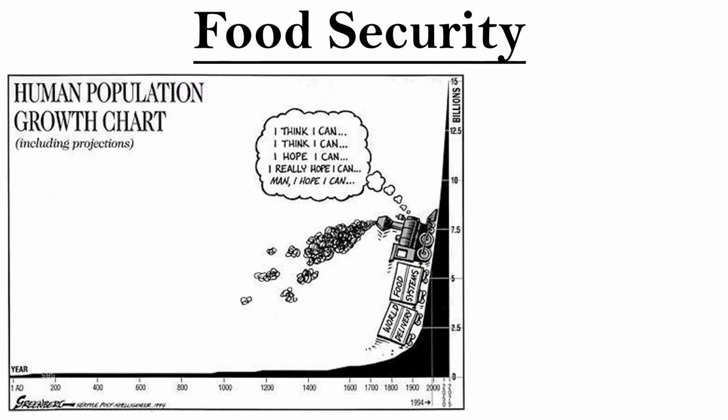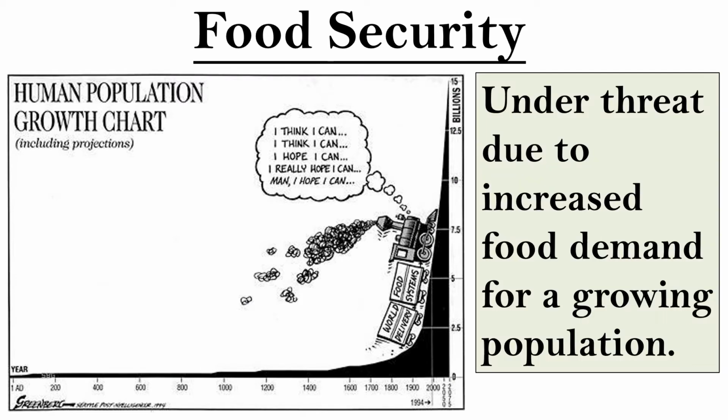And as you can imagine, food security is under threat for various reasons, and climate change of course comes into the mix here. If you look at a graph of human population growth over the last 2,000 years, you can see that since the Industrial Revolution, when numbers started to increase and people have lived longer, there's a growing population.